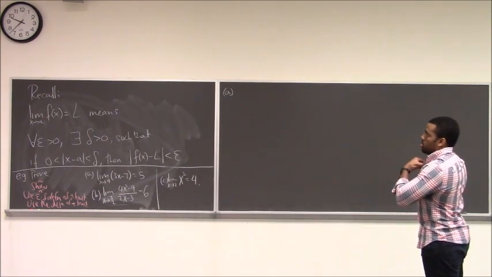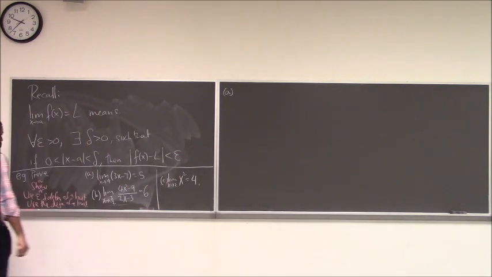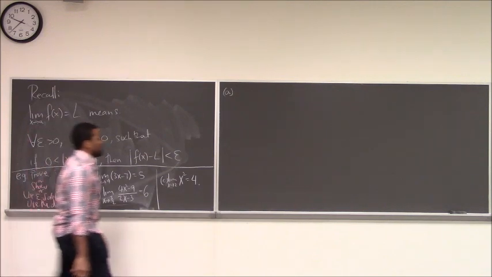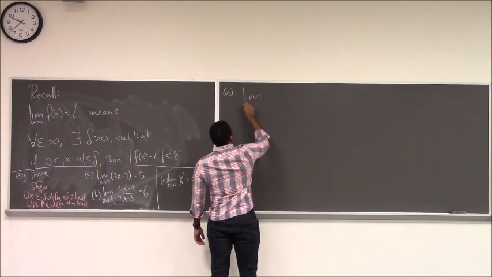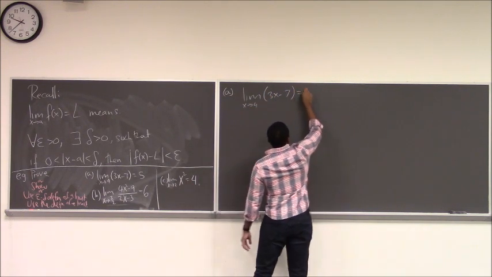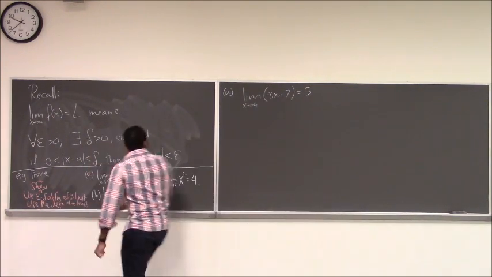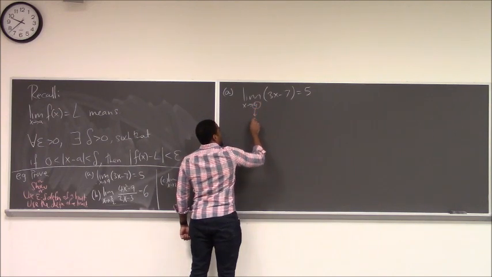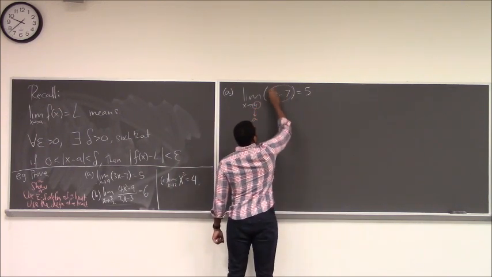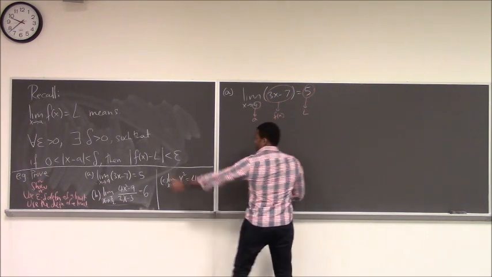And so now you can kind of see how you'd be expected to write these down. First you need to identify who is who. When you're saying limit as x approaches 4, 3x minus 7 equals 5, you should first recognize that the 4 here is your a, this is your f of x, and this is your L in that definition.